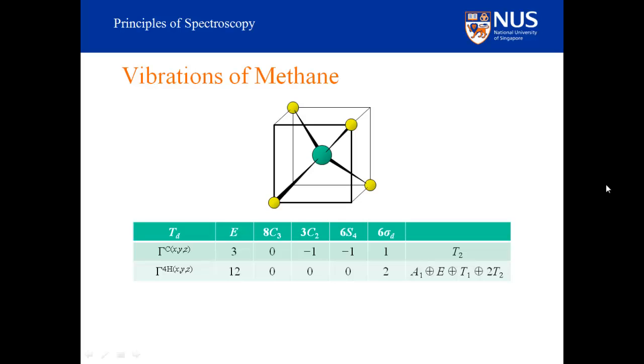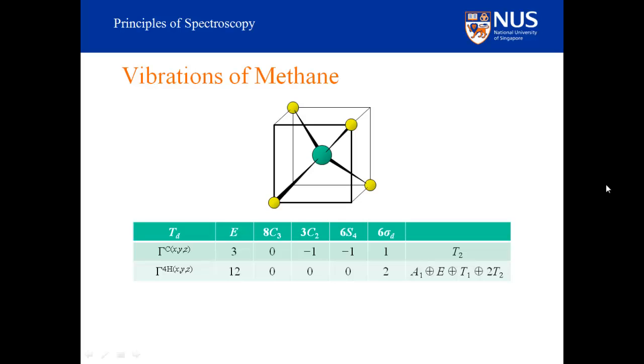Therefore, the representation of the X, Y, Z coordinates on the 4 hydrogen atoms will be 3 times 4 equals 12 under the identity, 0 times 1 equals 0 under the C3 class, minus 1 times 0 equals 0 under the C2 class, minus 1 times 0 is equal to 0 under the S4 class, and 1 times 2 is equal to 2 under the sigma d class. We can then reduce this representation to find that it spans A1 plus E plus T1 plus 2 T2.